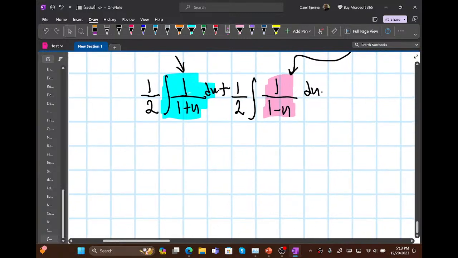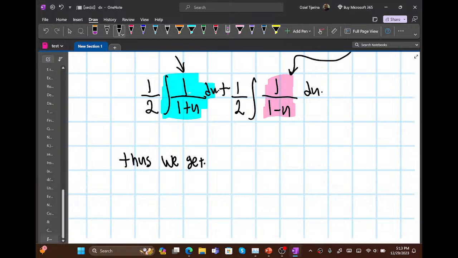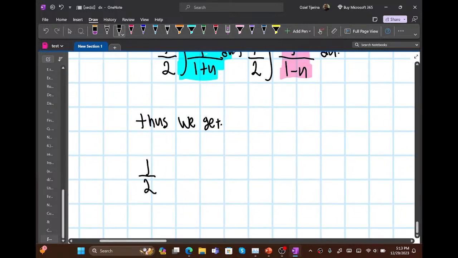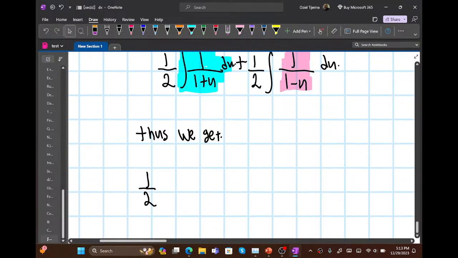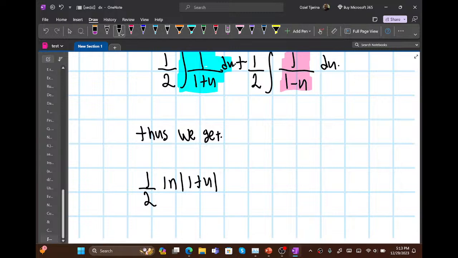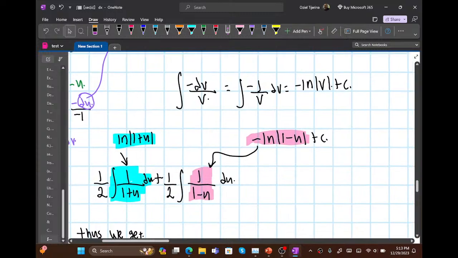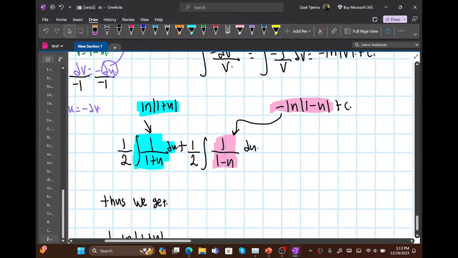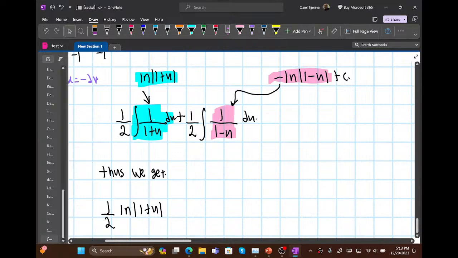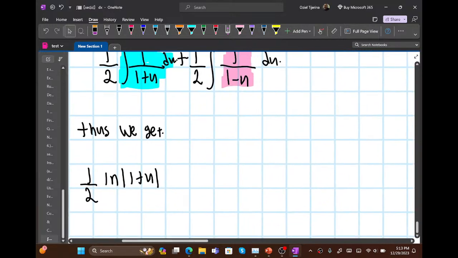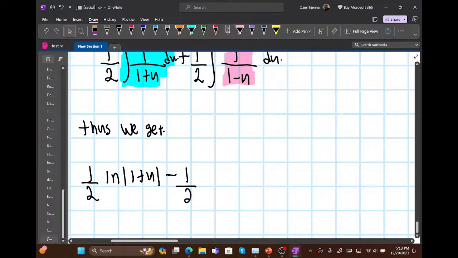So therefore, thus, we get 1/2 natural log of 1 plus u, plus, I'm sorry, it's going to be minus 1/2 natural log of 1 minus u, because it's plus negative, so it's going to be minus 1/2 natural log of the absolute value of 1 minus u.